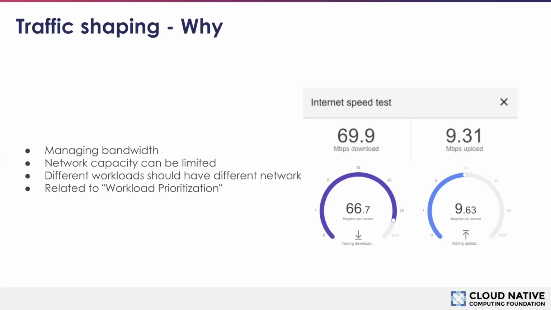So here again, we want to have some kind of tools to limit the bandwidth to certain workloads and give the priority for the bandwidth to the more priority workloads.